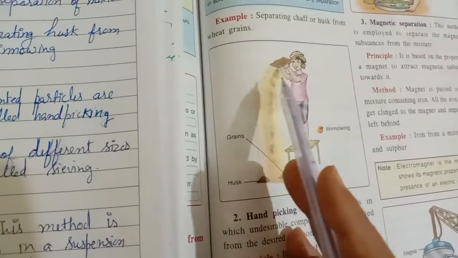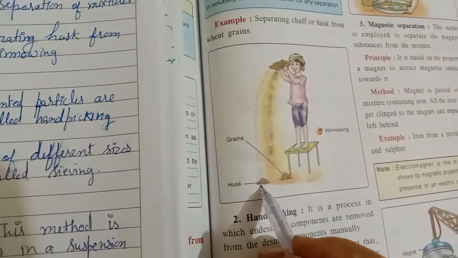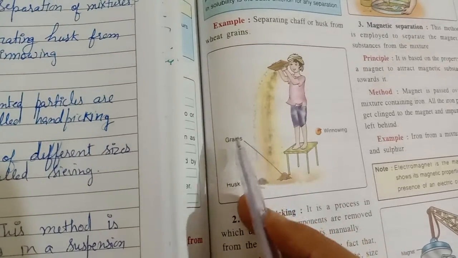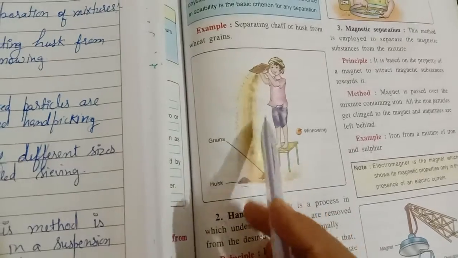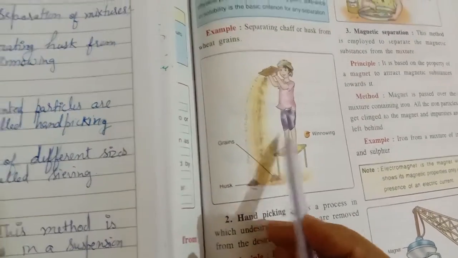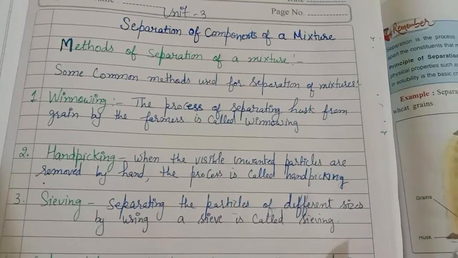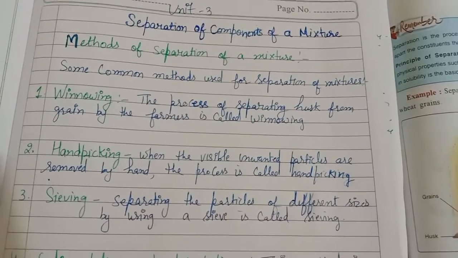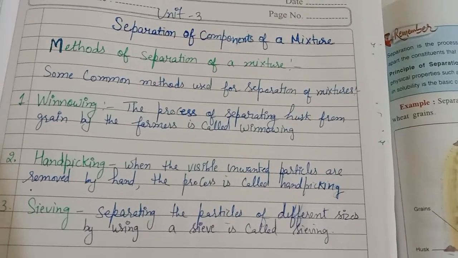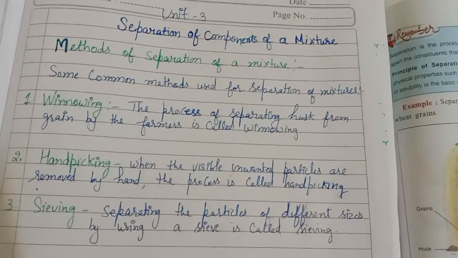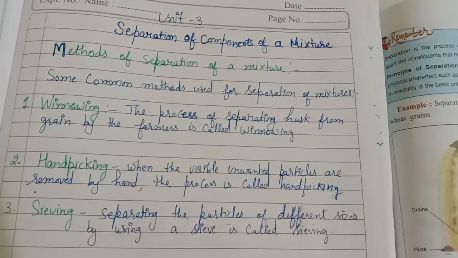The farmer is doing the winnowing process. The husk makes a separate heap and the grains make a separate heap. By the wind velocity they can use this method, to separate the heavy components from the light components of the mixture.